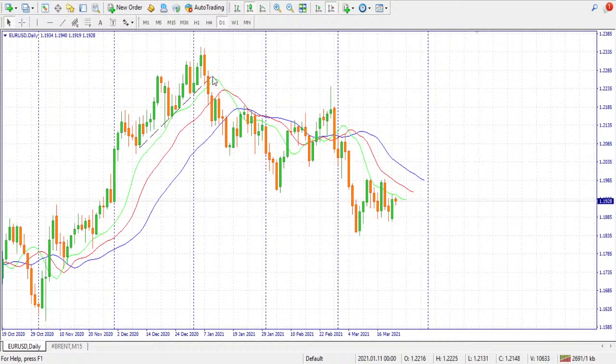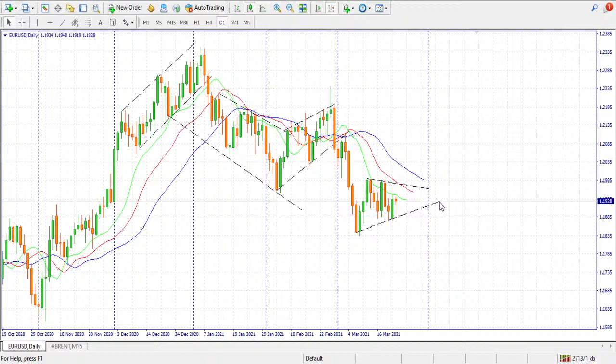We have this, and then this one, and then this, then this here, and then this. We also have some range where the price is now, this one, and then we have another.